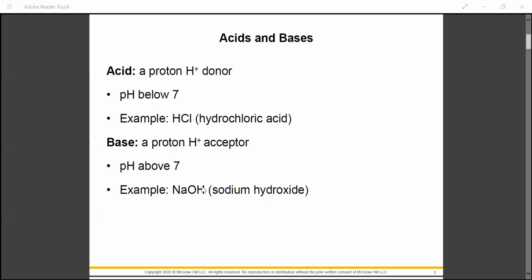That hydroxide ion, or what you'll see sometimes written as an OH negative, can accept the H plus, can accept our proton.